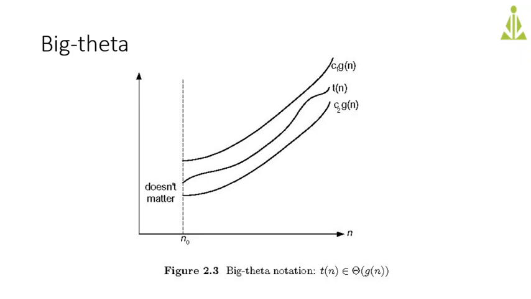For the mathematical calculation, we will use the asymptotic notation and we will get the approximate value for the algorithm. So what we have seen today: first we saw the asymptotic notations. Three notations we have: big O, big omega, and big theta.